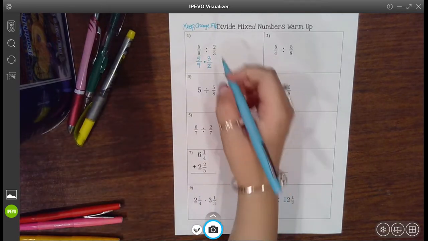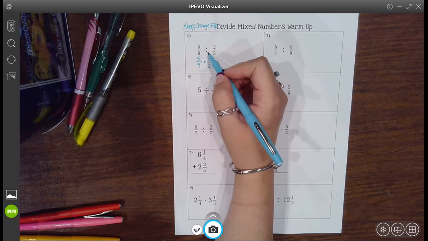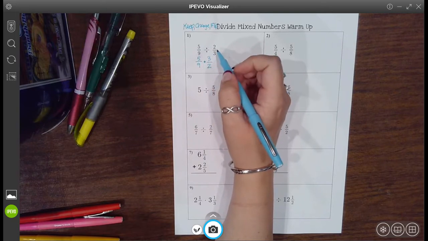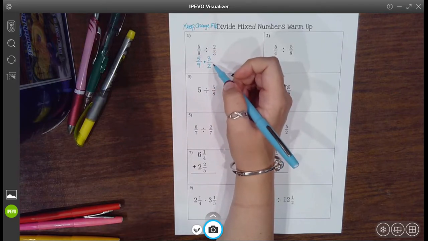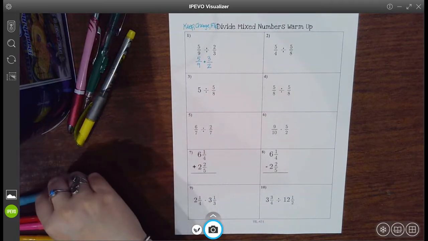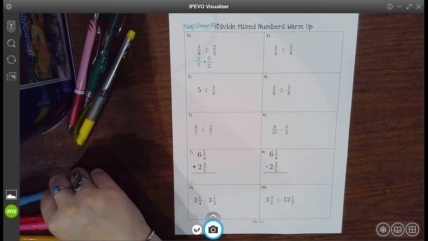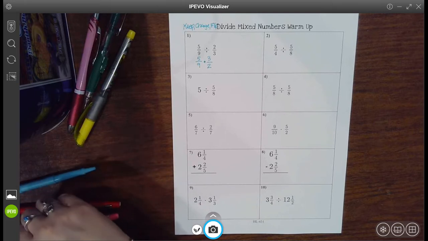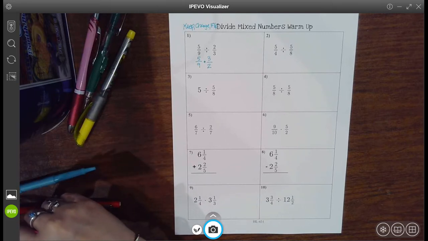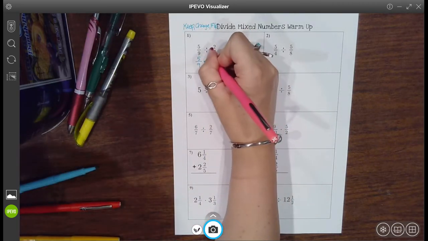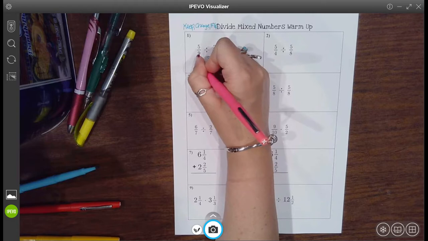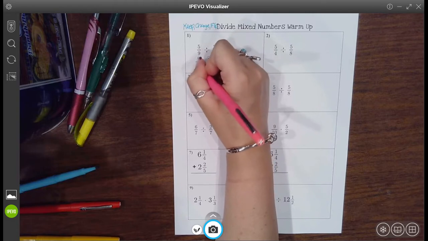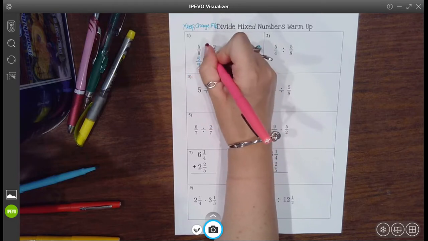And so we still keep the first fraction the same, change division to multiplication, and flip this second fraction. Once you have it set up like that, because we don't know how to divide fractions, we actually only know how to multiply them. Okay, it's now set up as a multiplication problem. I do what I've always done. Can I cross cancel? Yes. 3 can go into both 3 and 9. 9 divided by 3 is 3. 3 divided by 3 is 1.